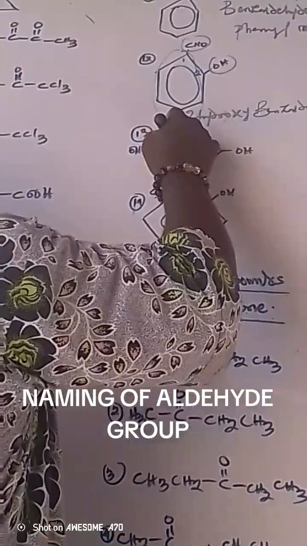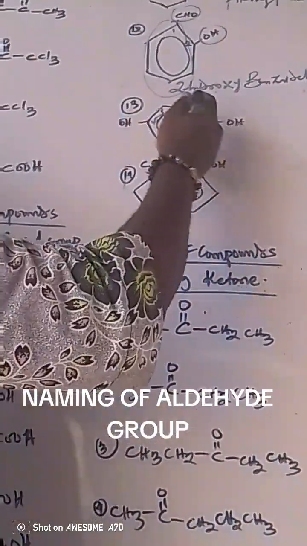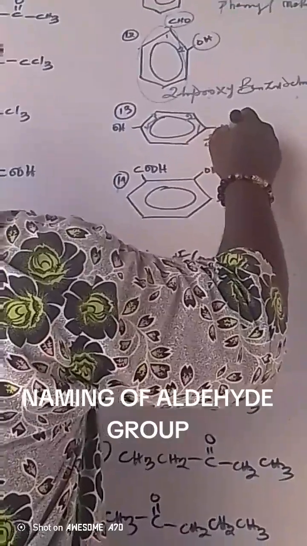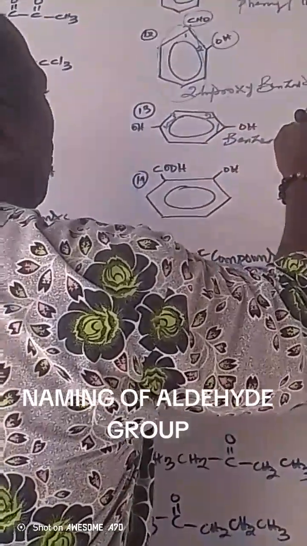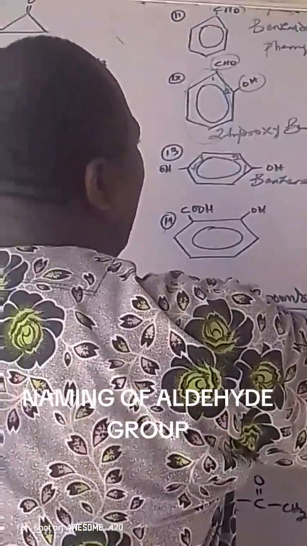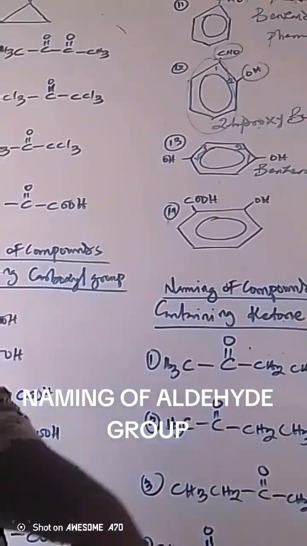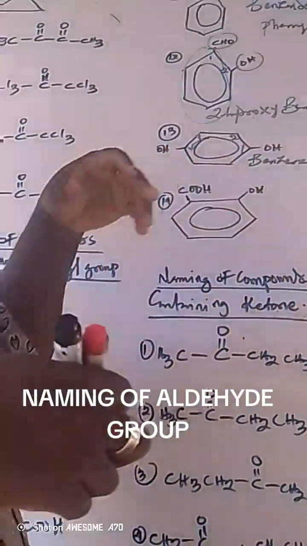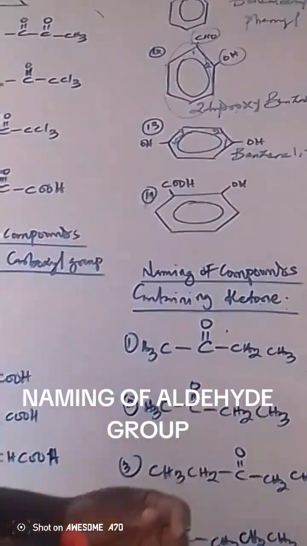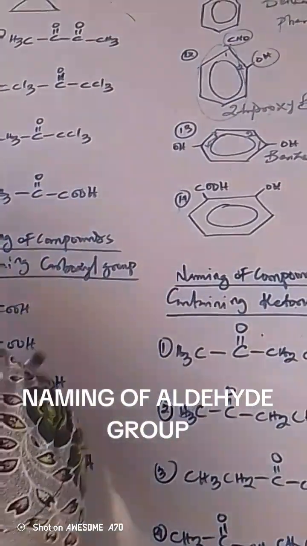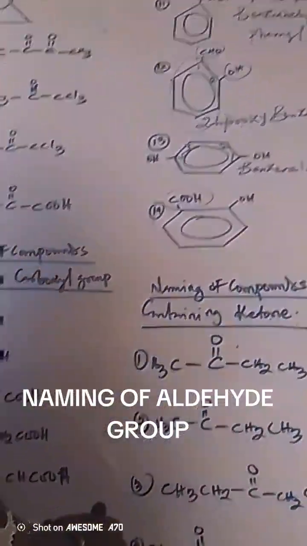Now look at this. Carbon 1, 2, 3, 4. This is benzene-1,4-diol. You can say 1,4-dihydroxybenzene. It also means the same thing. Okay. Now this is the principal functional group for question 14.